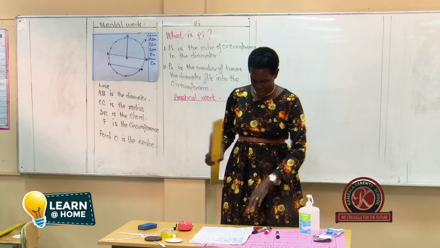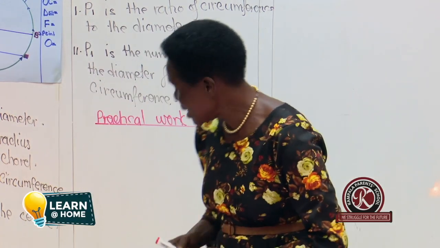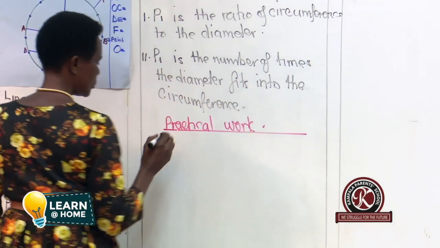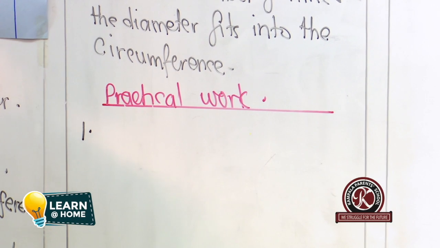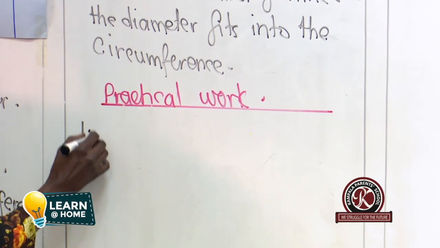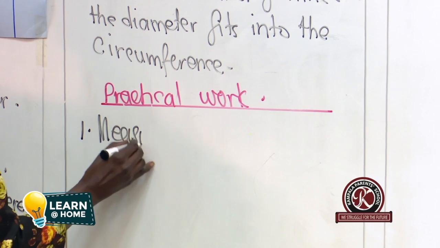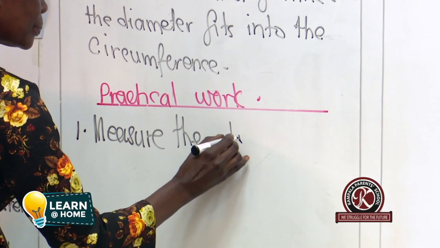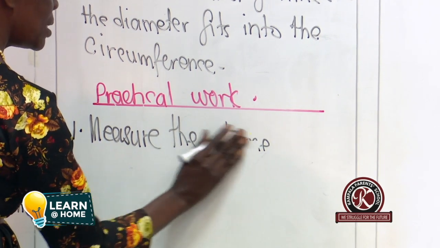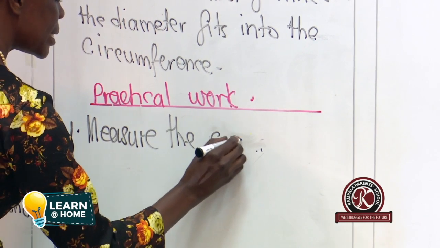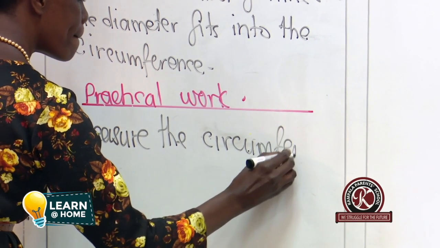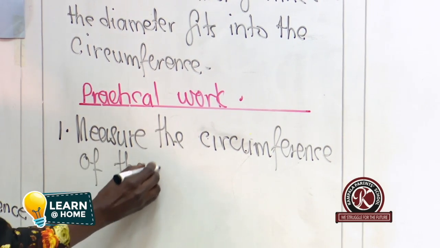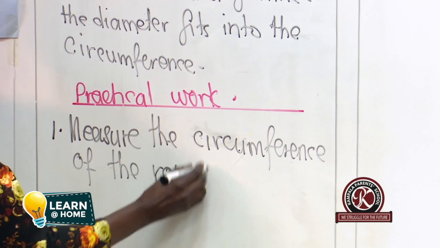Now, when you have that, the first thing I'm going to do: one, measure the diameter. Let me start with the circumference. Sorry, we are starting with the circumference of a round object.